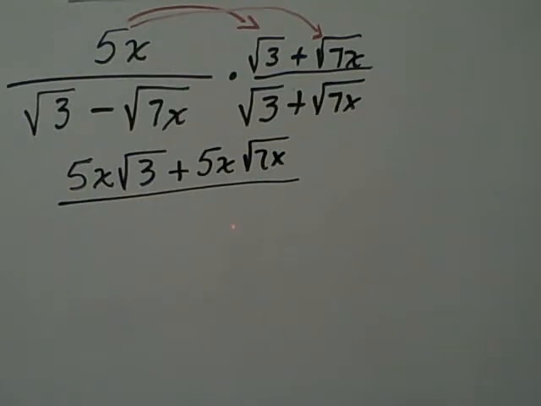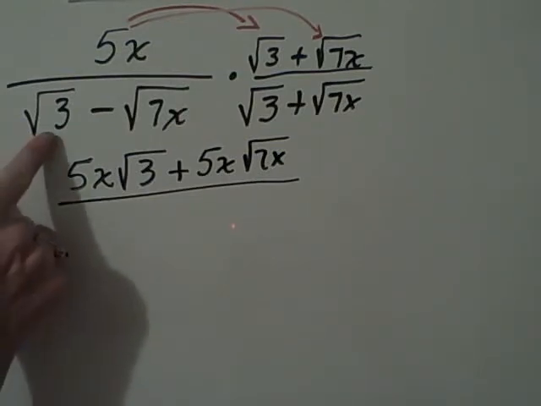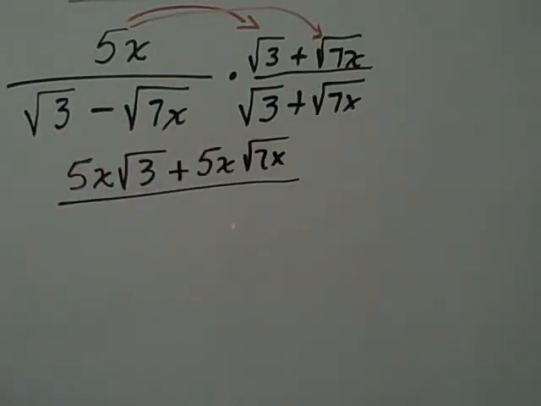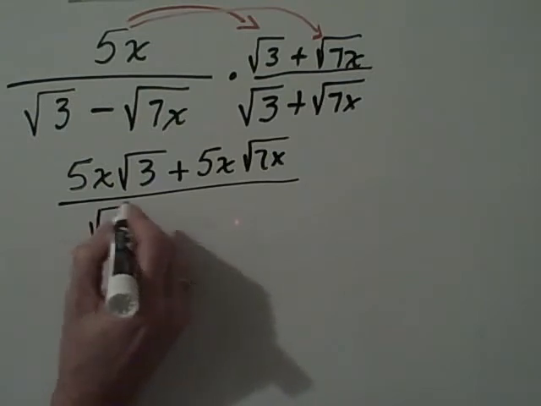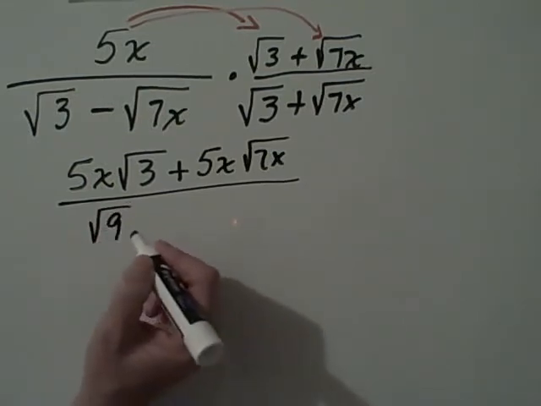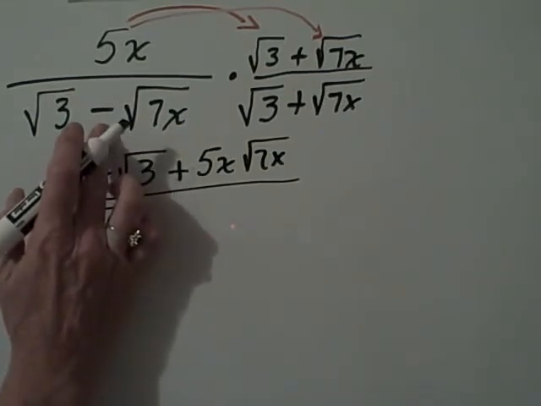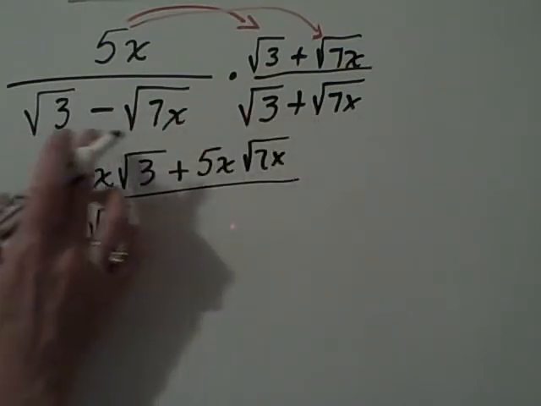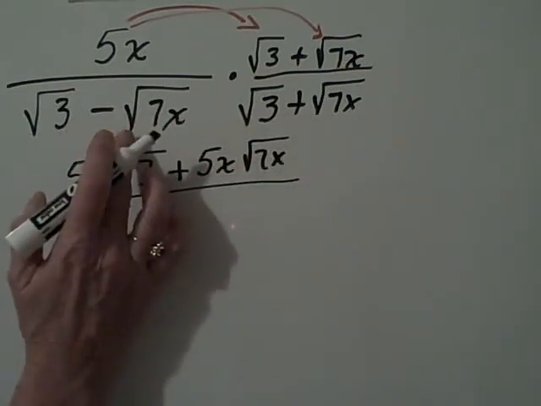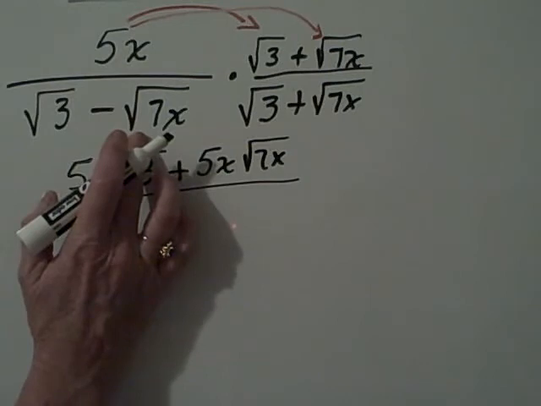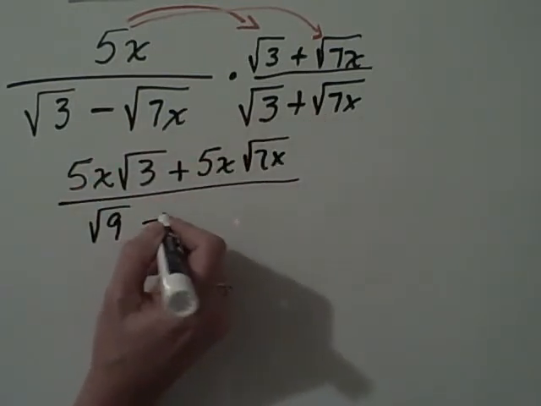In the denominator, we're going to multiply, again using the distributive property. Square root of 3 times square root of 3 is going to give us the square root of 9. And the middle terms will cancel out. And then we're going to multiply the square root of 7x times the square root of 7x.